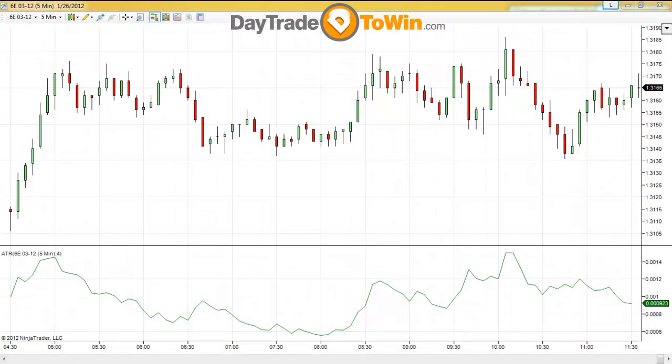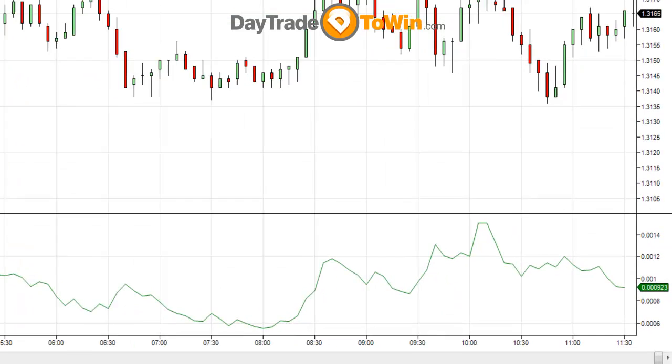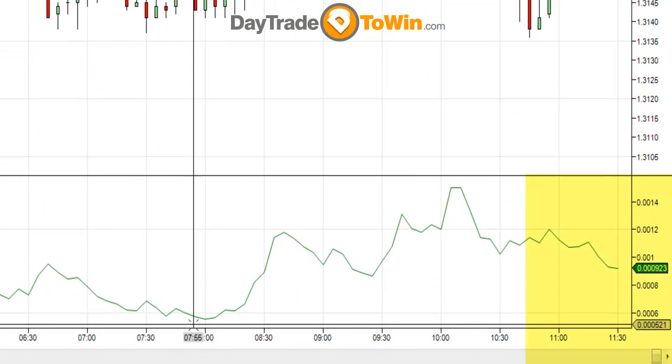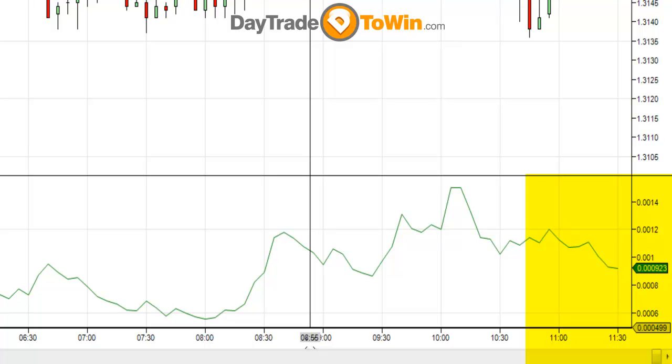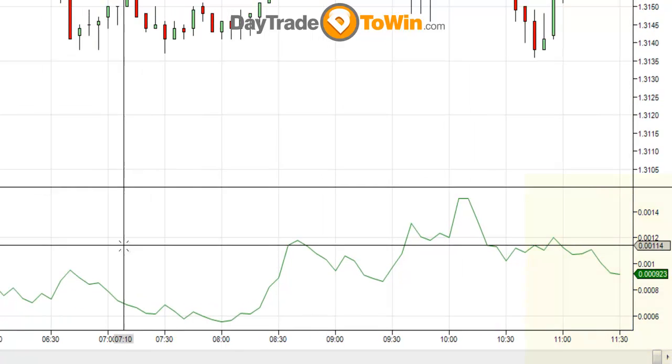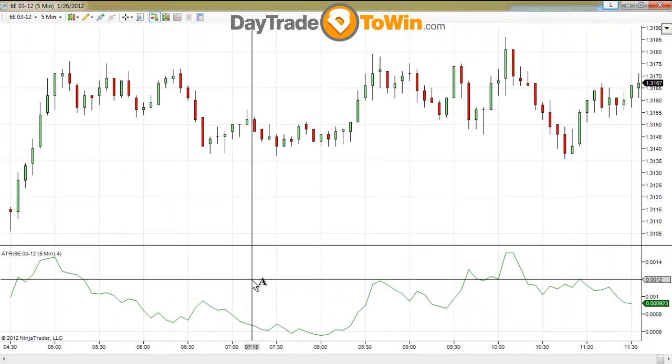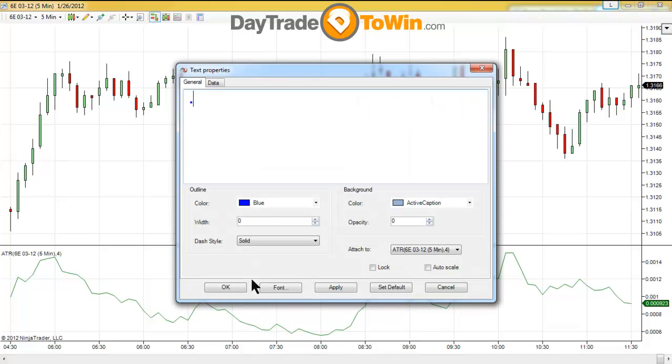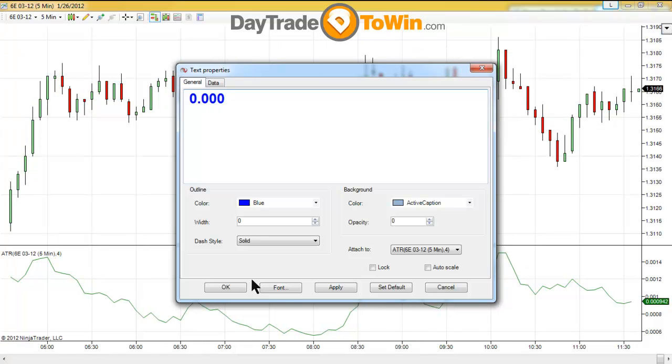All right, here we have a Euro chart, and it has the same parameters, 4 or 5 on the average true range. What you see here are these numbers, 0.000923. How do we delineate what this is? Well, on currencies, you move the decimal place over. 0.000942 is where it's at right now.